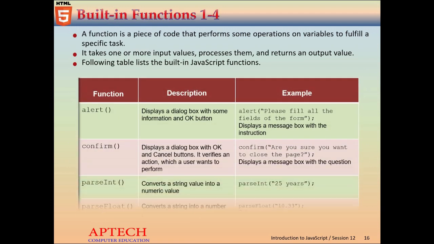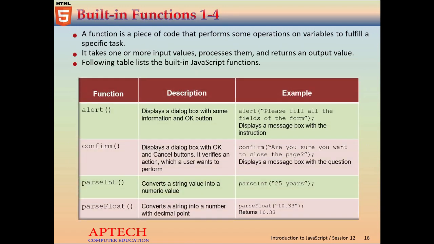Now let's see some built-in functions in JavaScript. What is a function? A function is a piece of code that performs some actions on variables to fulfill a specific task. It takes one or more input values, processes them, and returns an output value. So let's see some built-in functions.